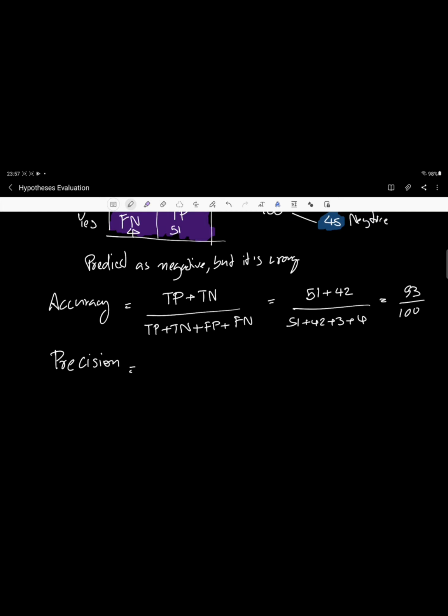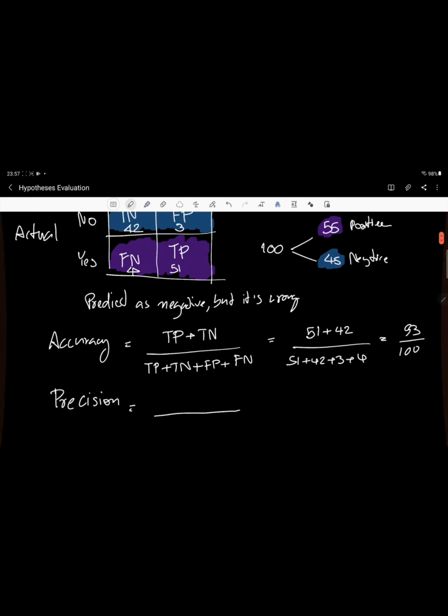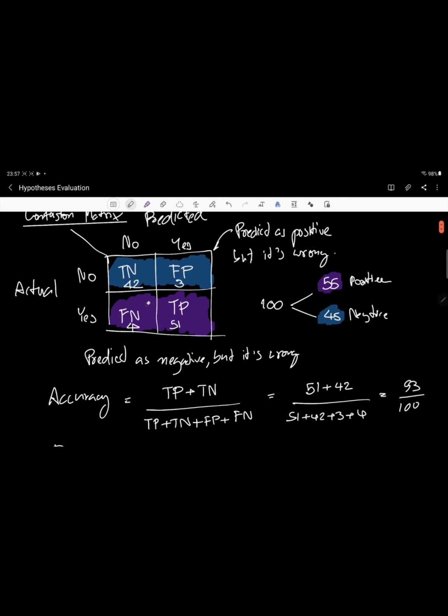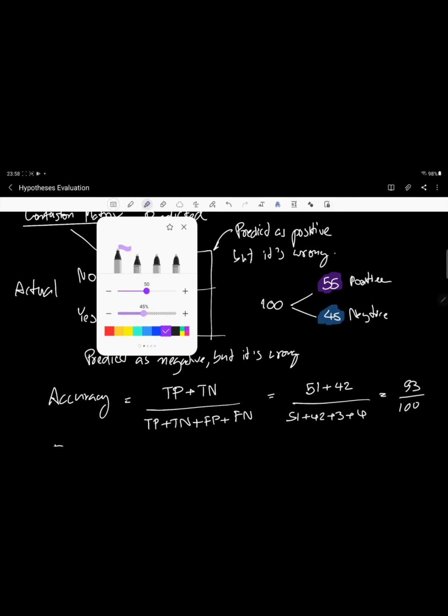If we talk about the positive class, which one do you predict as the positive? This part, right? This part that you predict as the positive.